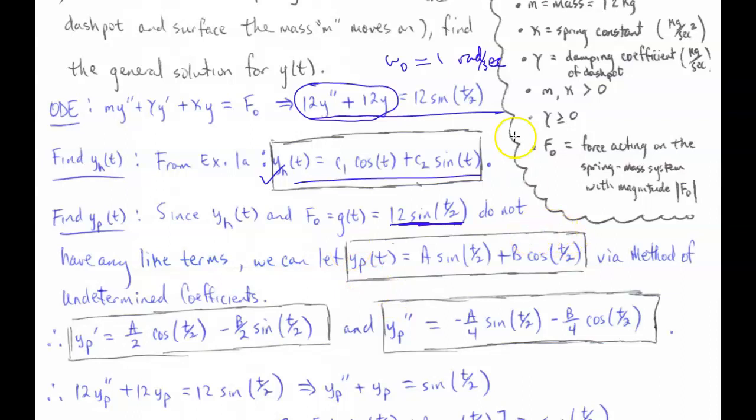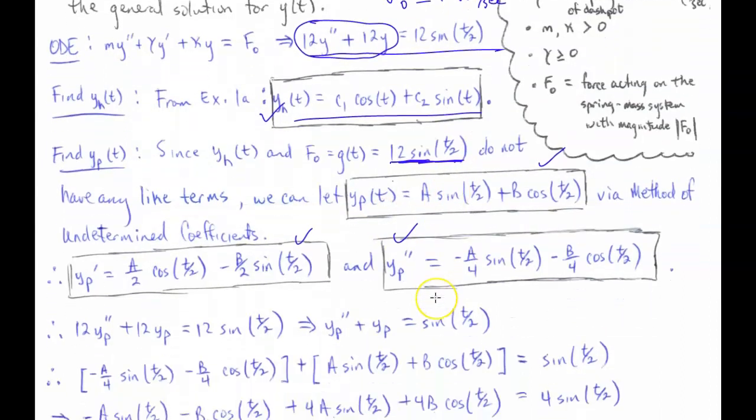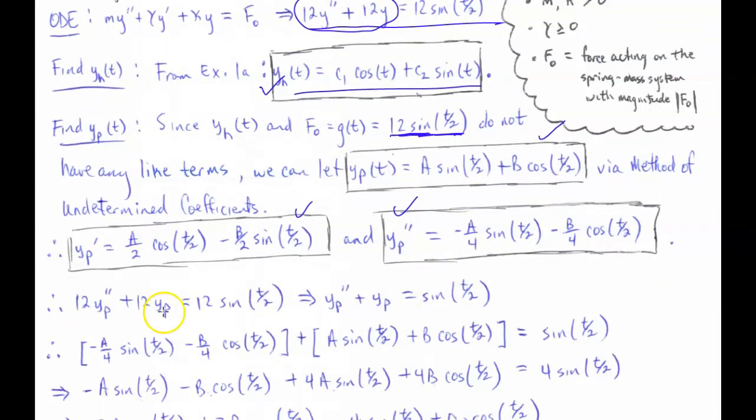So we can simply choose our y sub p to be a sine of t divided by 2 plus b cosine of t divided by 2. If we take first and second derivatives of those and put them back into our ODE, it would technically look like this.